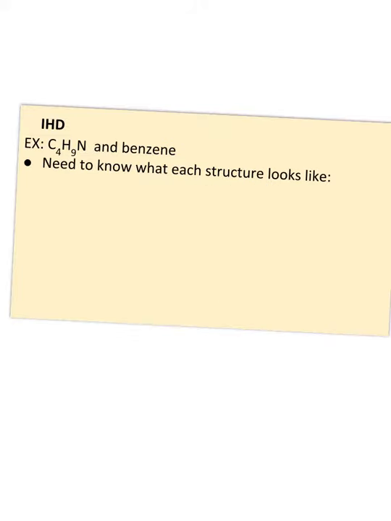So if I look at my 2 examples here, I've got C4H9N. So I'm going to draw 4 carbons in a row and attach a nitrogen, and I'm going to assume single bonds throughout, and I'm going to start adding hydrogen until I run out, and then add the necessary multiple bonds if there's any necessary. But with this structure, I would need 3 hydrogens to saturate this carbon. I'd need 2 here. I'd need 2 here, and now I'm up to 7.